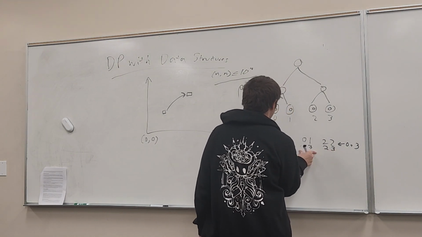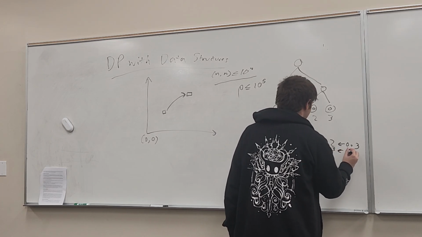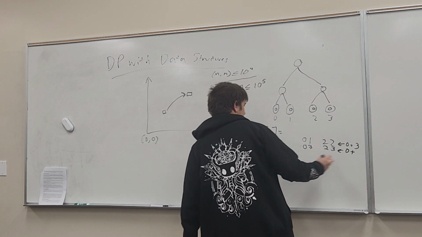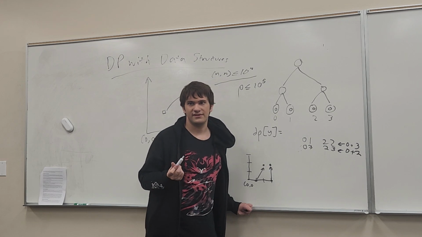Then we check this point in the segment tree, it's 0. So this is 0 plus 2, because the total distance covered by the springboard is 2.